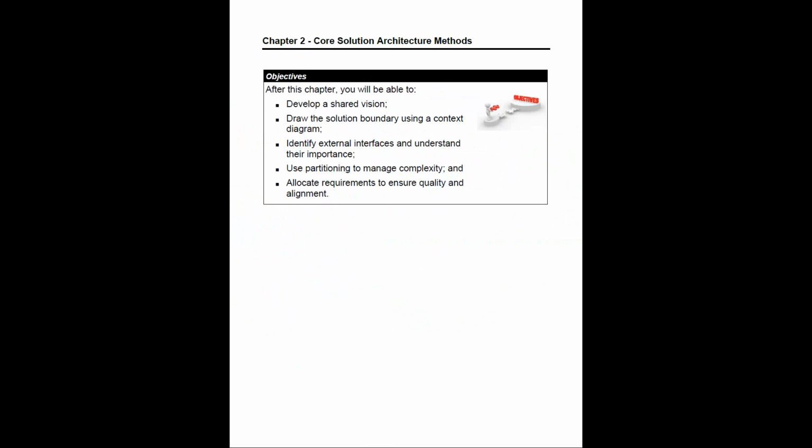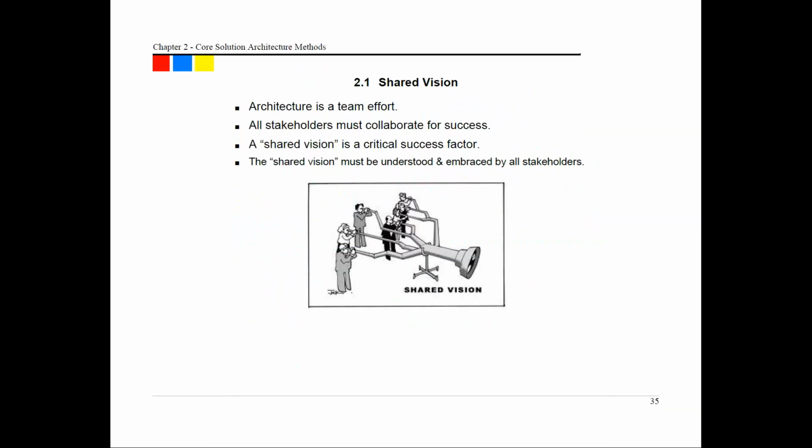Okay, so core solution architecture methods. Here's one that I really like, which is the idea of a shared vision, which I've actually seen stated as a shared hallucination. We say architecture is a team effort. It's a collaborative kind of affair.